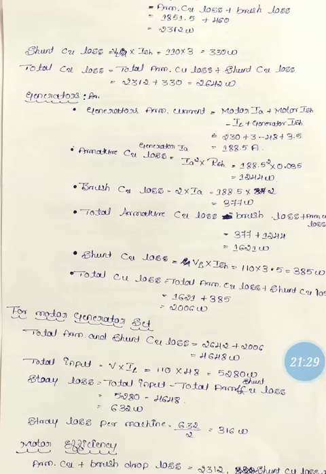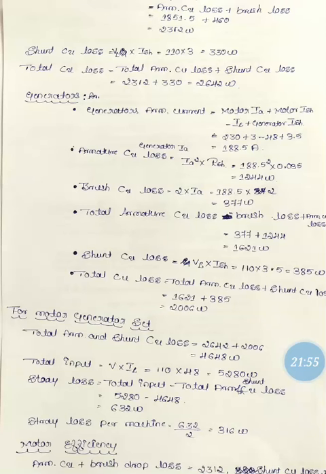Then shunt copper loss, we can calculate as the product of the line voltage and the shunt field winding current. The line voltage is given, 110 volt, and the shunt field winding current is also given, that is 3 ampere. This product gives 330 watt. Then total copper loss is the sum of the total armature copper loss and the shunt field winding copper loss.